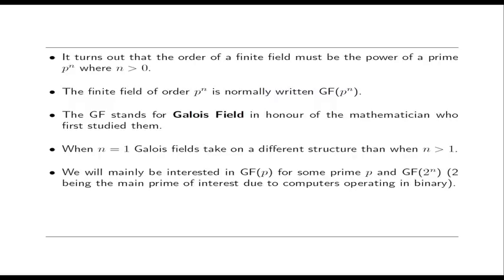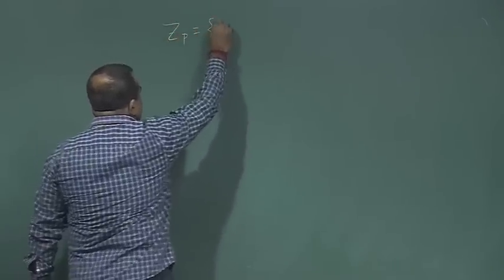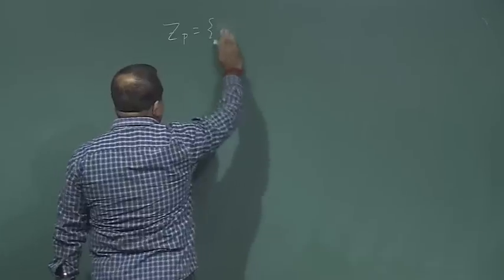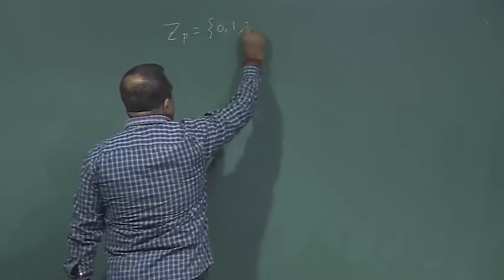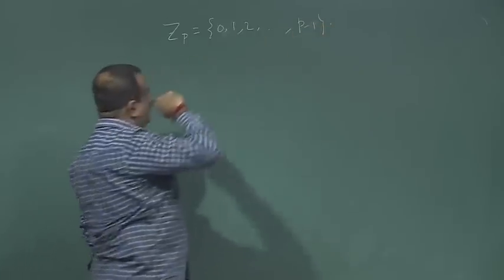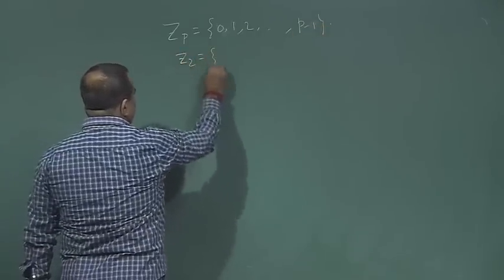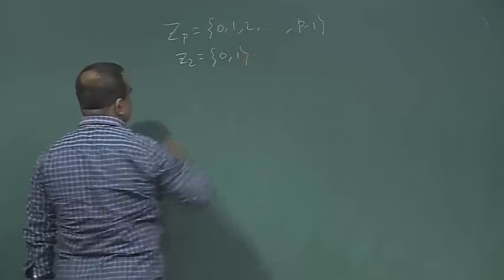We have seen the field Z_p. Now, we want to have a polynomial field. Z_p is basically 0, 1, 2, up to p minus 1, and Z_2 is just 0 and 1.